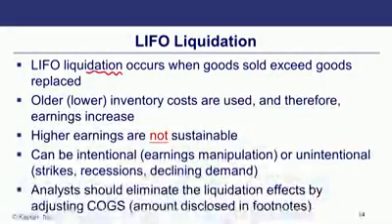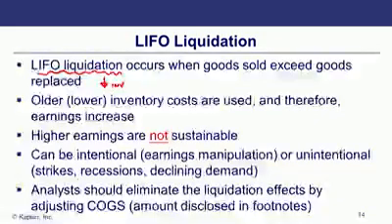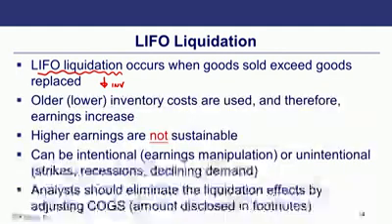Okay, so let's have a look at it. A LIFO liquidation occurs when goods sold exceed goods replaced. In other words, we've got decreasing inventory levels. Now, as we said, because inventory has been valued at old purchase prices under LIFO, this releases those old purchase prices through the cost of goods sold.